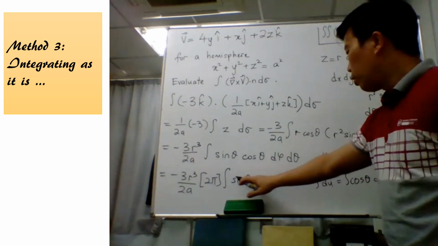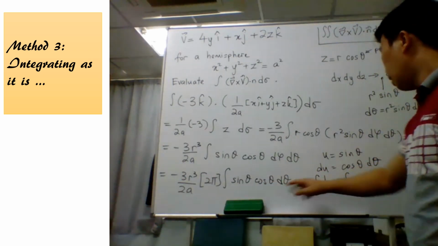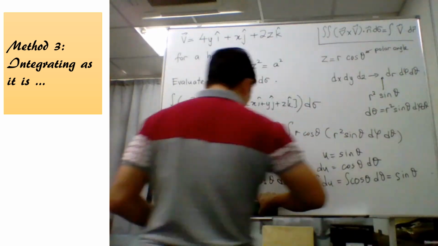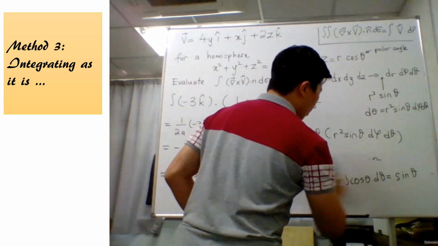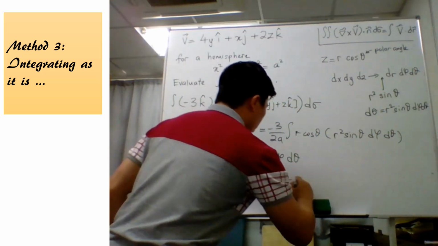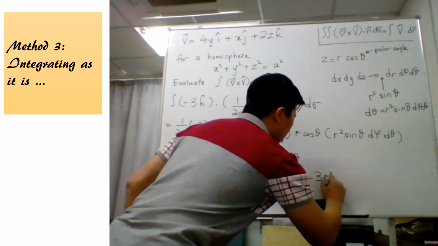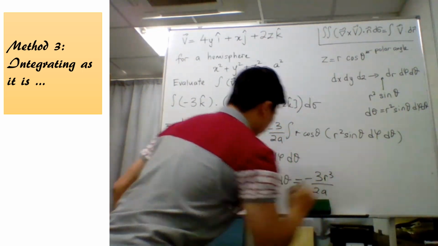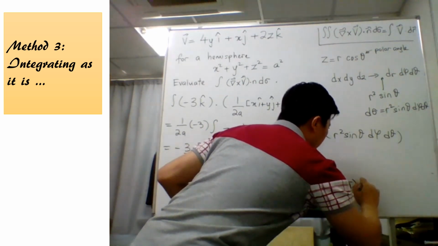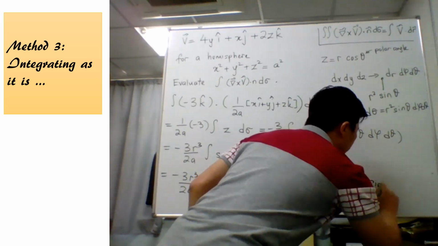So when you integrate this, you will see that cos theta d theta is over here. You can replace them, and this whole thing is now equal to minus 3 r to the power of 3 over 2a and 2 pi, and then here this is going to be sine theta.